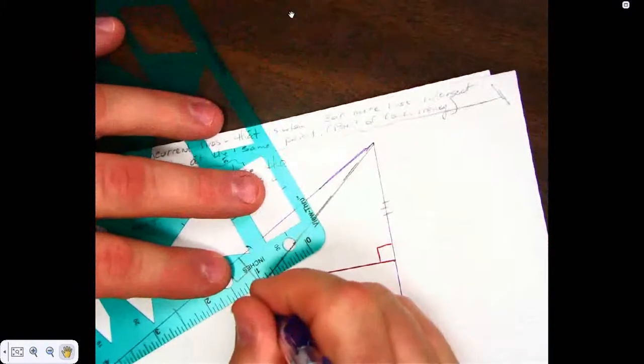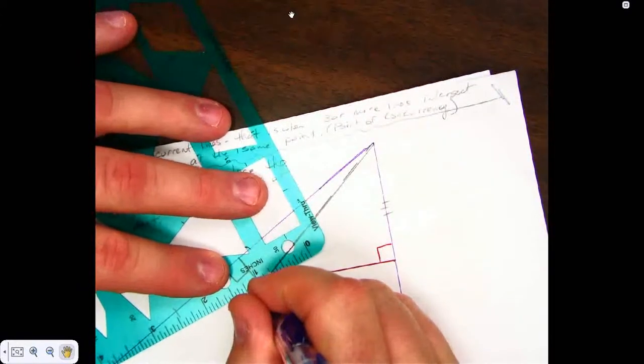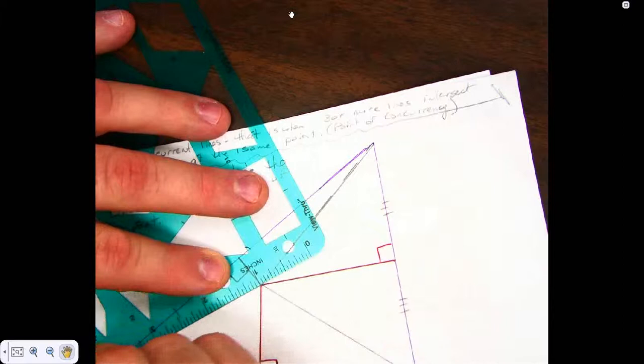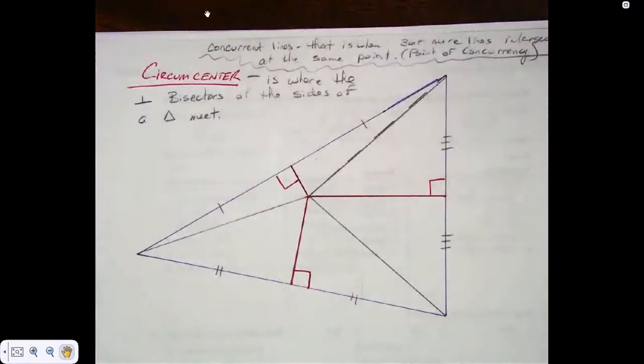Starting to look a little jumbled, isn't it? I want you guys to look at those segments. What do you think they look like? How would you describe that segment? That's a segment going from what? The circumcenter to the what? Each what? Vertex, right?